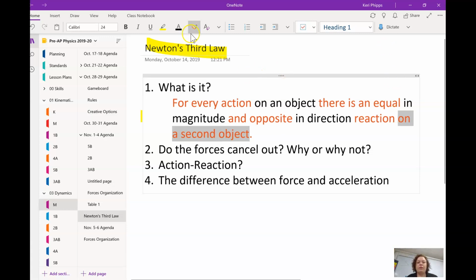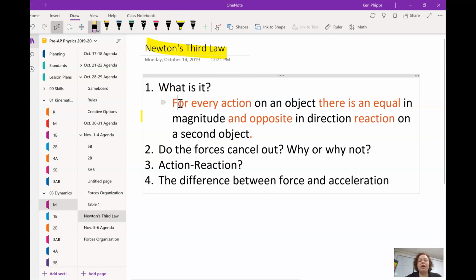So we've gone from for every action, there is an equal and opposite reaction, to for every action on an object, there is an equal in magnitude and opposite in direction reaction on a second object.